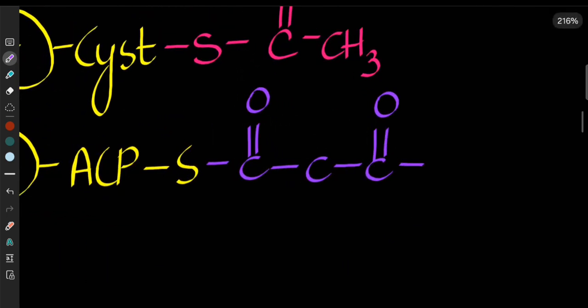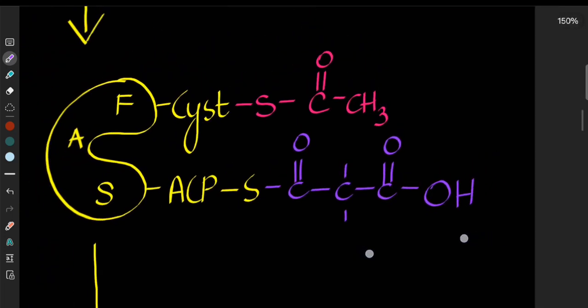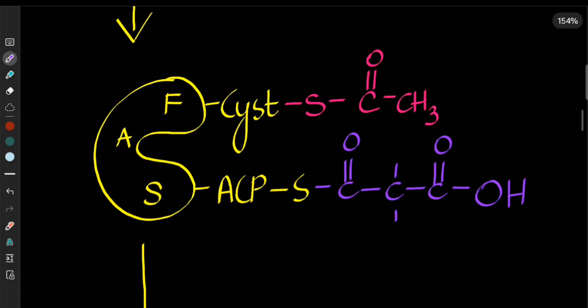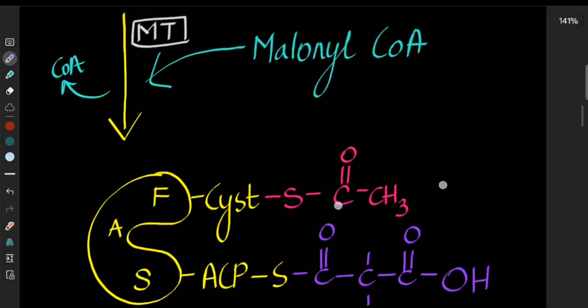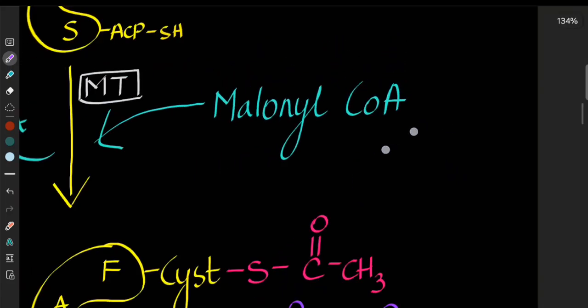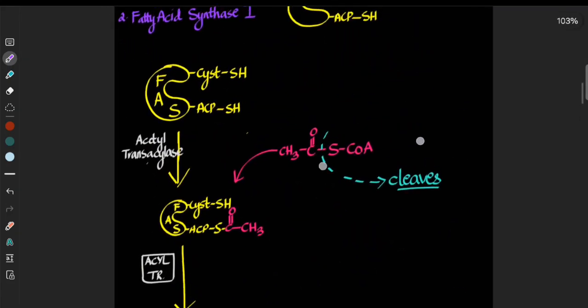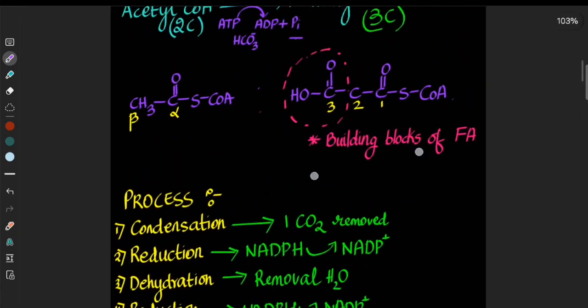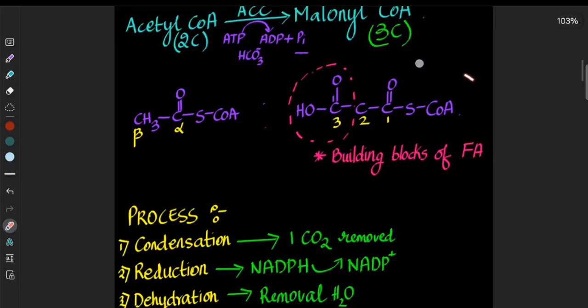So if you remember the structure of malonyl coenzyme A, it was something like this, right? I'm just going to show you over here. I'm not going to go back. So as you can see over here, this group will be cleaved off, and then this will be joined, right?